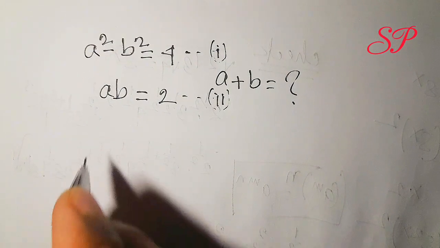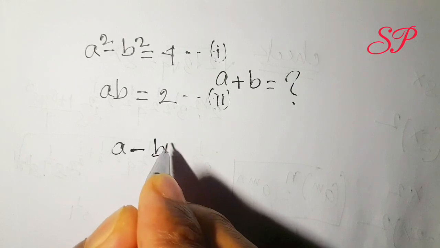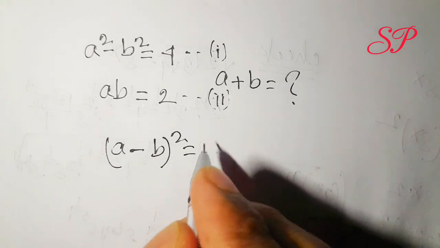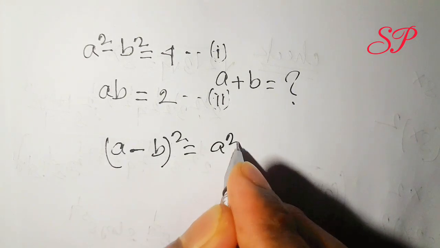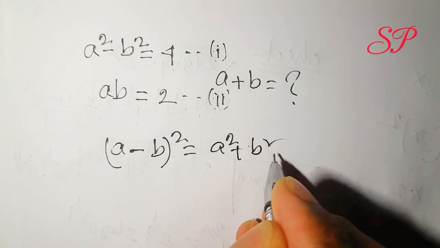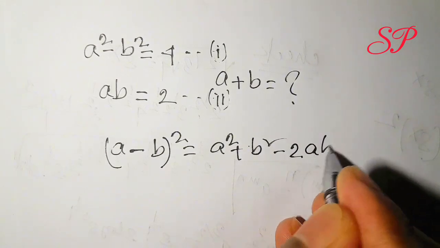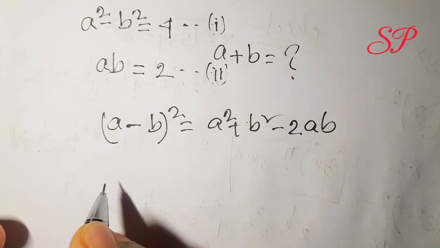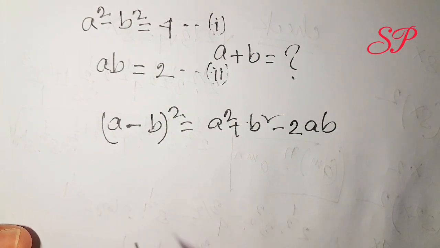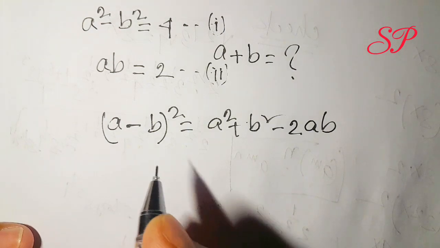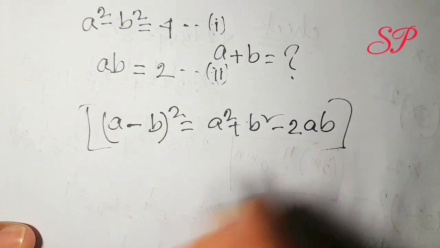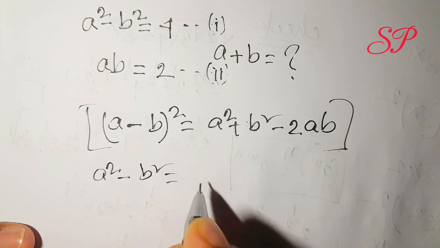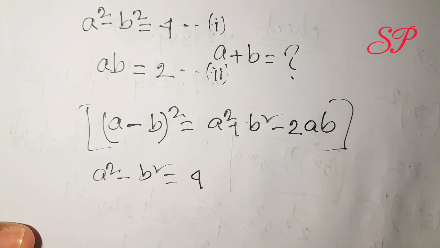We know that a minus b all square is equal to a square plus b square minus 2ab. Here, from equation number 1, a square minus b square is equal to 4.